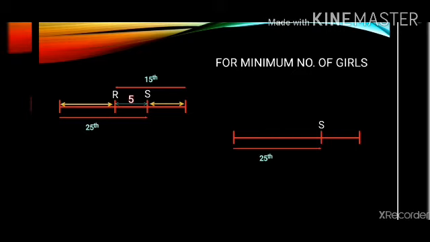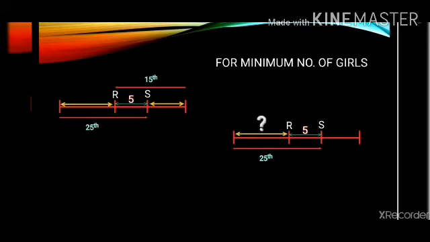S is 25th from the left and there are 5 people between R and S. To calculate the number of people before R, what you can do is subtract the number 7 from 25.